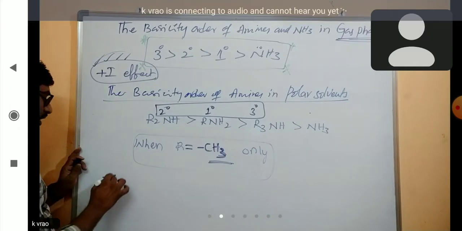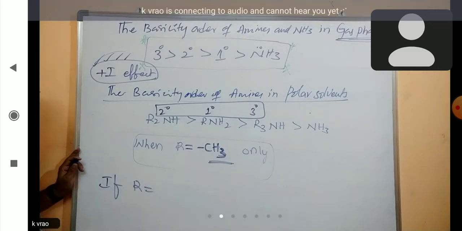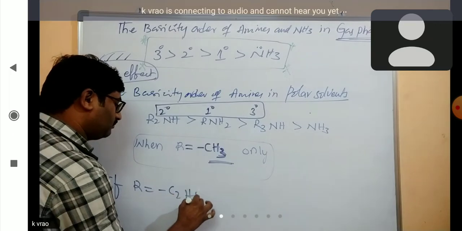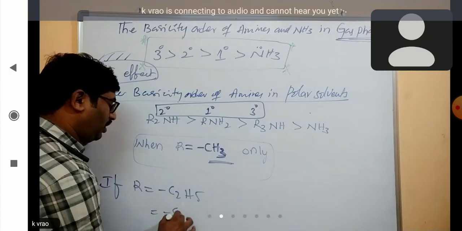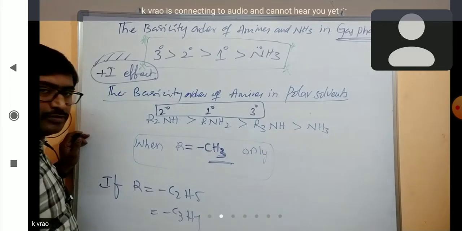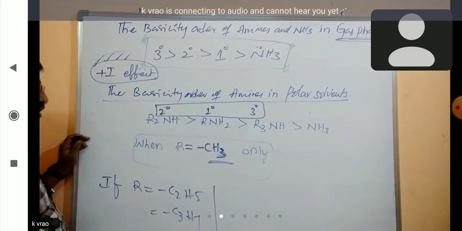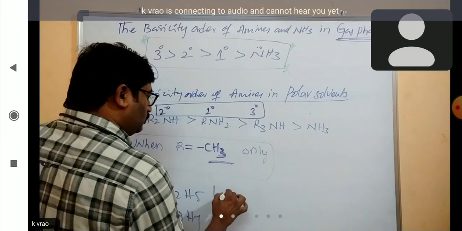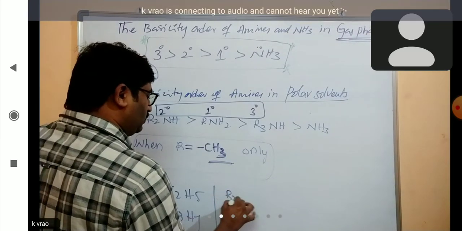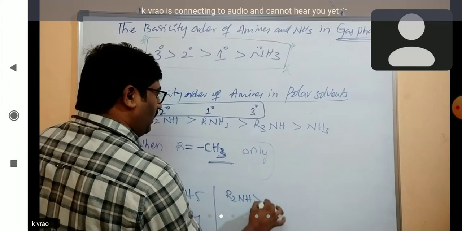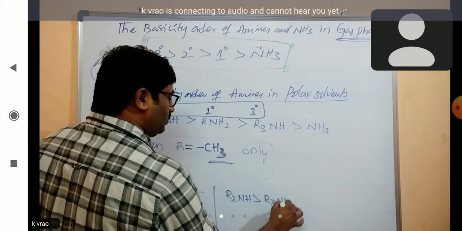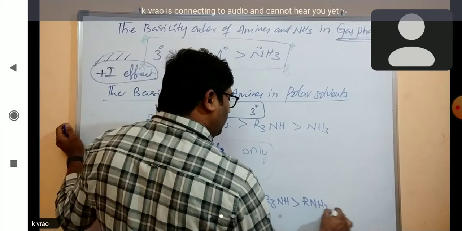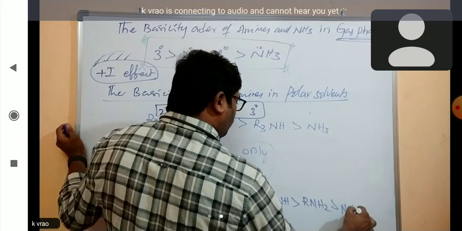If R is other than the methyl group, like C2H5 or C3H7, bulky groups present on the nitrogen, then the order is 231. That is R2NH is greater than R3N is greater than RNH2 is greater than NH3.